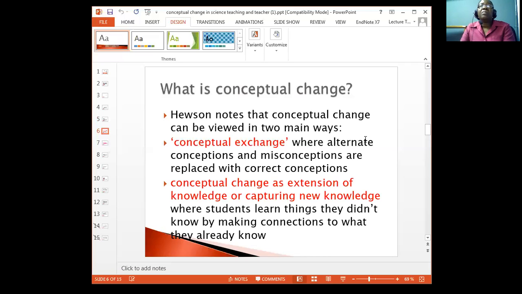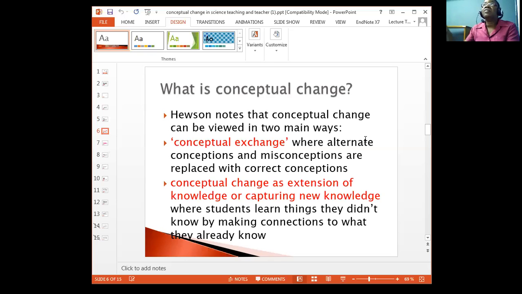But he also says that conceptual change can be seen as extension of knowledge or capturing new knowledge, which is essentially learning, right? Building on what you had before. So the student may have understood a topic to a limited extent, but their understanding can be broadened, extended, and then they can add different levels of complexity to what they knew before.